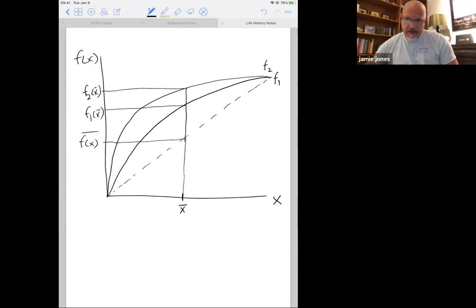Notice that F2 is much more curved. It accelerates faster and then it flattens out sooner than F1, okay? So what does that mean?